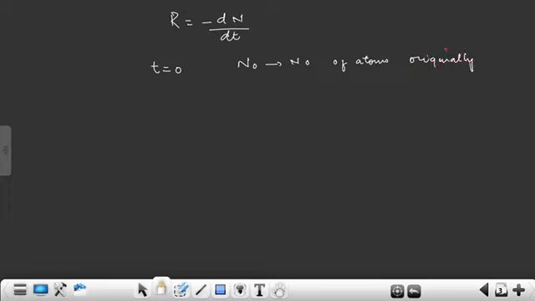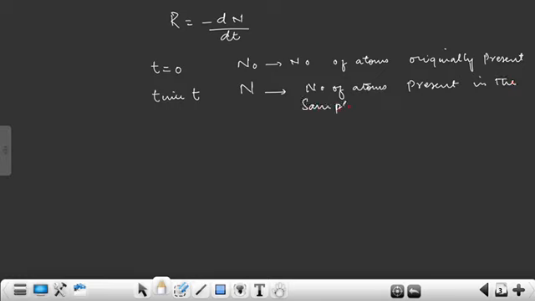Now let's say after time t, the remaining atoms, the number of atoms which are undecayed, are the number of atoms present in the sample.